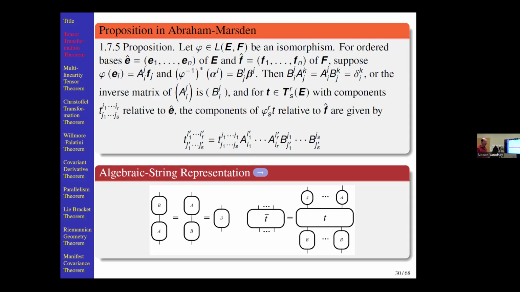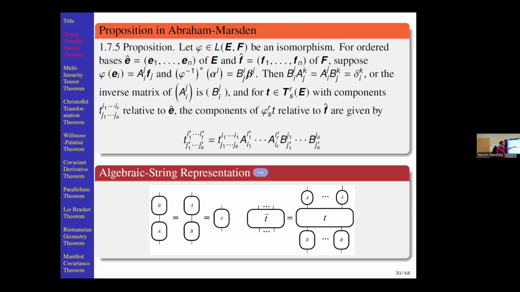So again, I'm about reducing cognitive load. Before I show more string diagrams, I just want to say a little bit more. One must keep in the back of one's mind that these upper lines here are ordered from left to right, just as they are here.